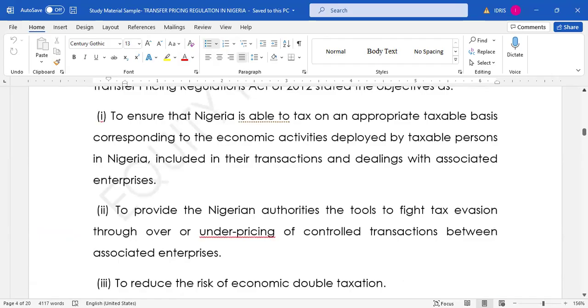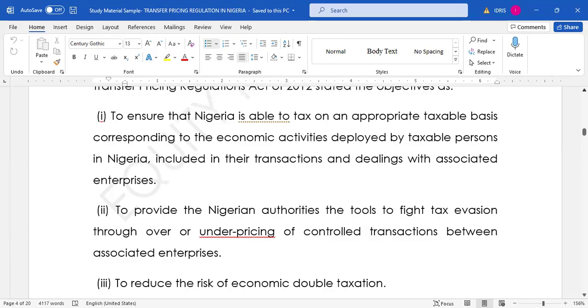Number one objective is to provide the Nigeria Tax Authority the tools to fight tax evasion through over or underpricing of controlled transactions between associated companies. Associated companies are related companies that belong to the same parent.